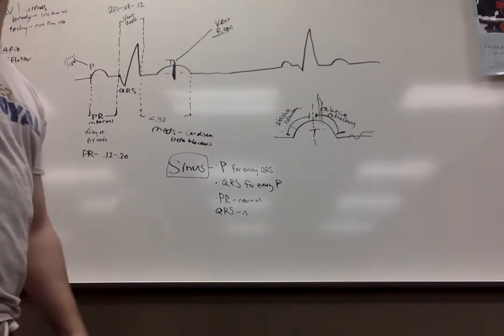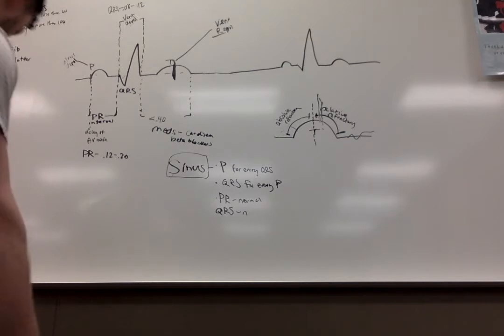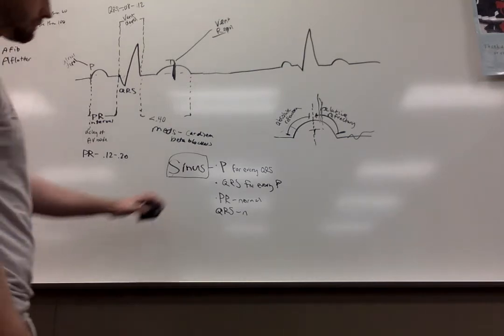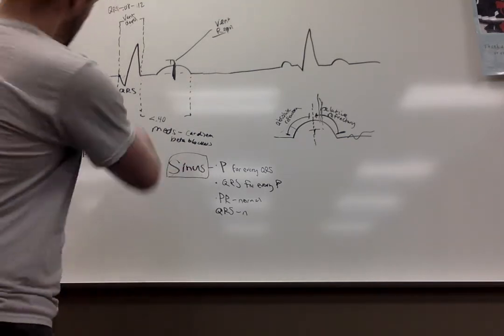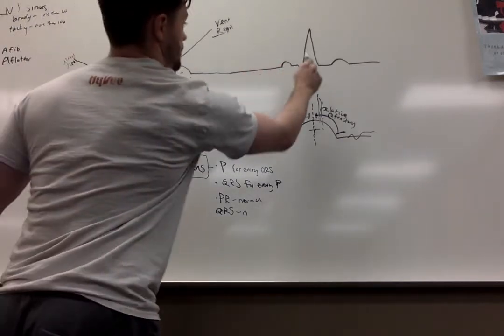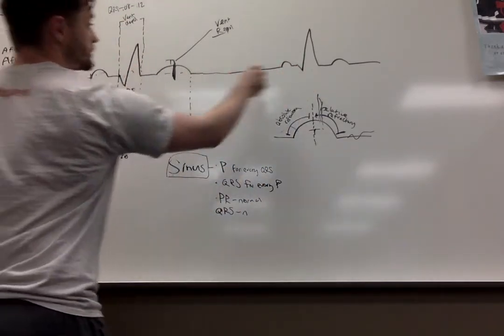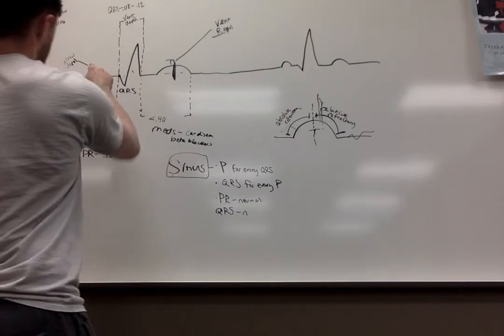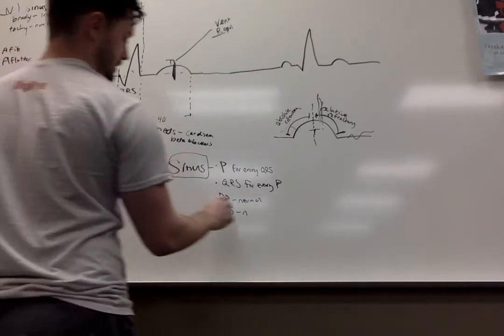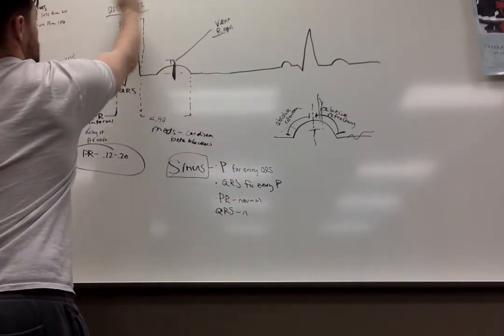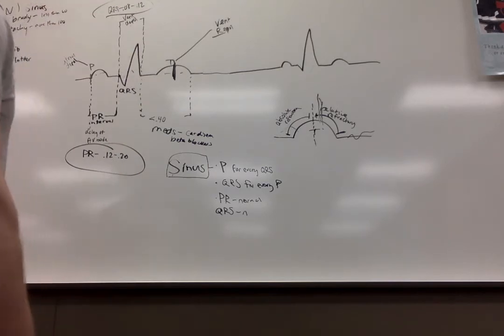That makes sense? P wave for every QRS. So we have a P wave for every QRS. We have a QRS for every P wave. The PR is within normal limits. The QRS is within normal limits. There's a sinus rhythm.